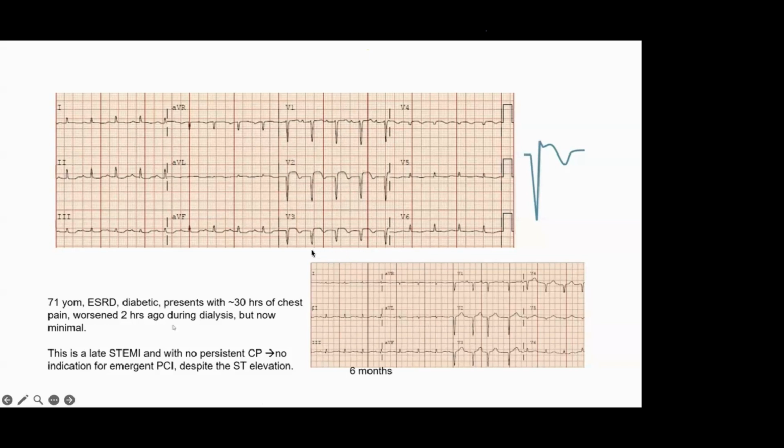Because the microcirculation is already damaged. If you put a stent, the myocardium is not perfused. He will develop only TIMI 2 flow. Unless he has chest pain, you need not revascularize. If totally asymptomatic, supportive care is enough.